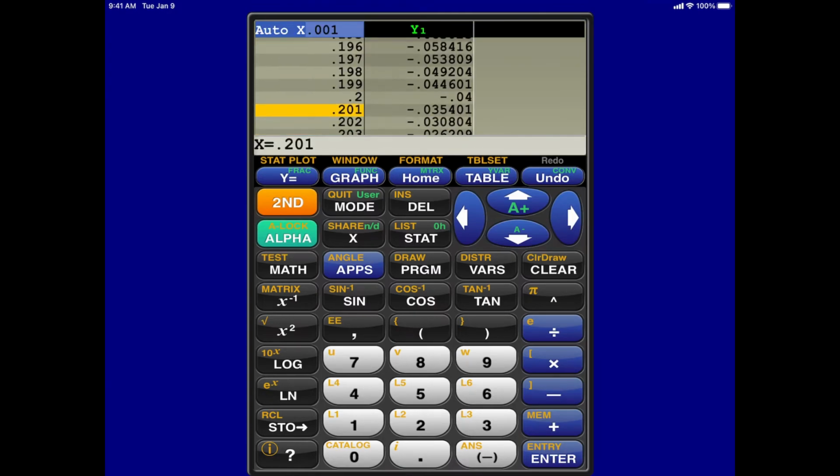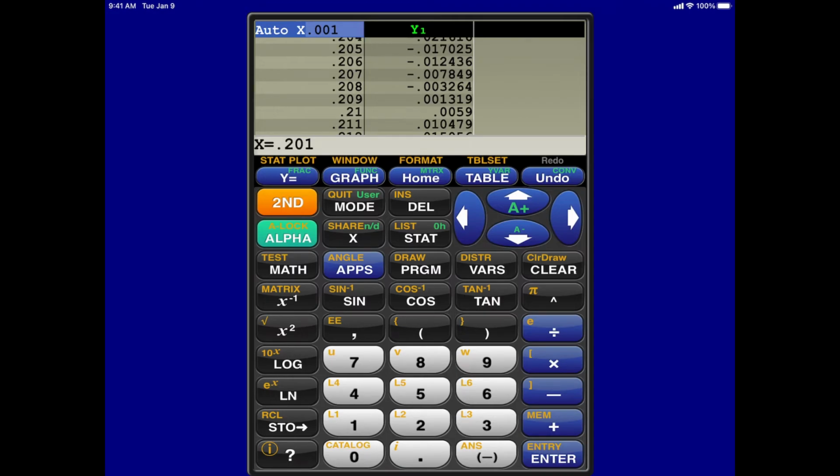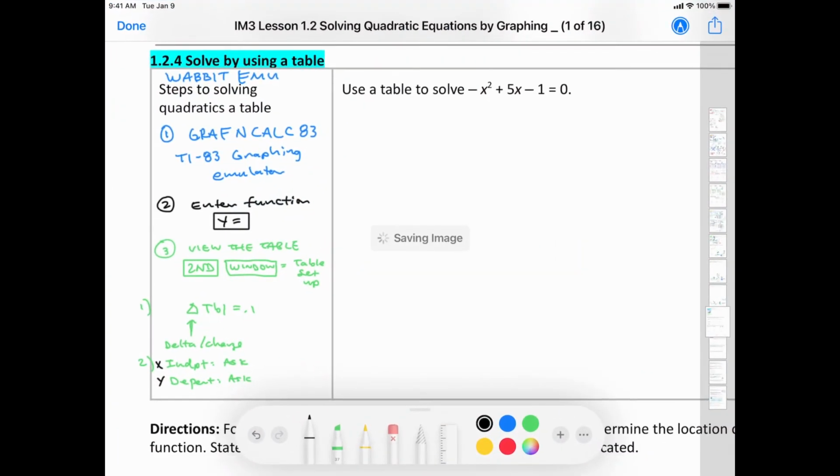Now we're looking for a number very close to 0. At 0.208, the y1 value is negative 0.003, and at 0.209 on the x, the y is 0.001 positive. So I can say that one of the x's is at 0.209.